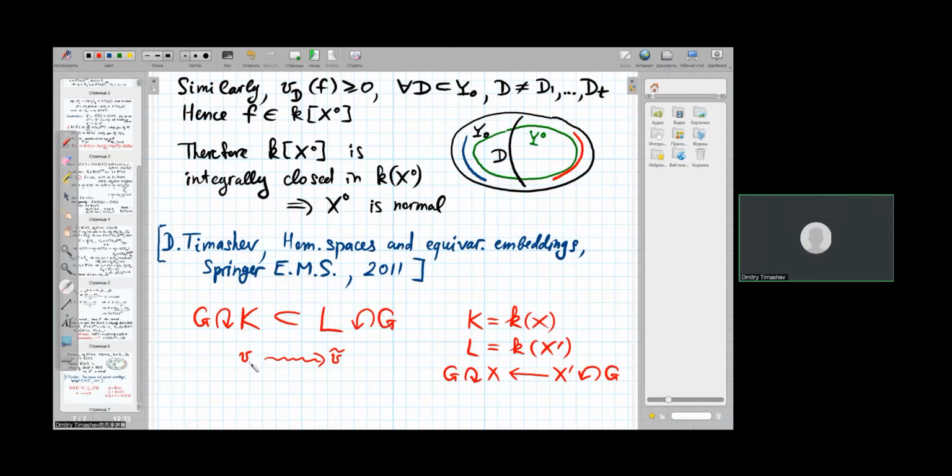Because our extension procedure uses the approximation lemma, and this approximation lemma relies on properties of algebraic group actions. I can come back to its proof if you want, but you can see that we use some properties of algebraic group actions.